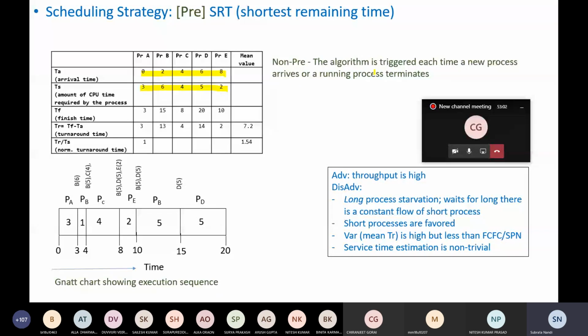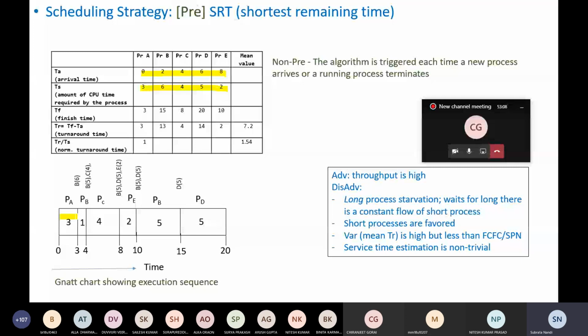Okay, it's more. So here you can see at t equals 0 only process A is there. After 2 time steps, what happened? Process B came, but will it force a preemption? Definitely not, but the scheduling algorithm definitely got triggered here.